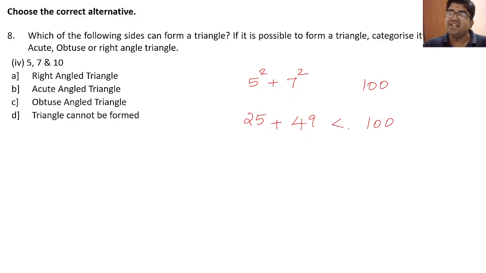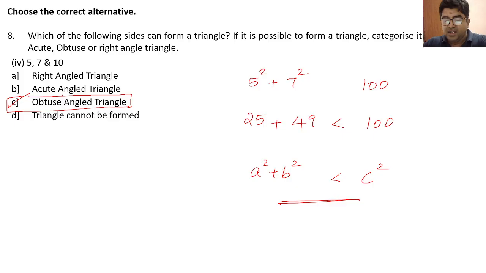It is definitely less. So a square plus b square is less than c square. That is the condition we see here, so it is obvious that 5, 7, 10 is going to form an obtuse angle triangle.